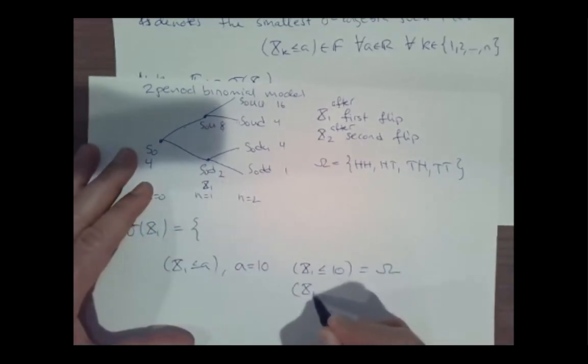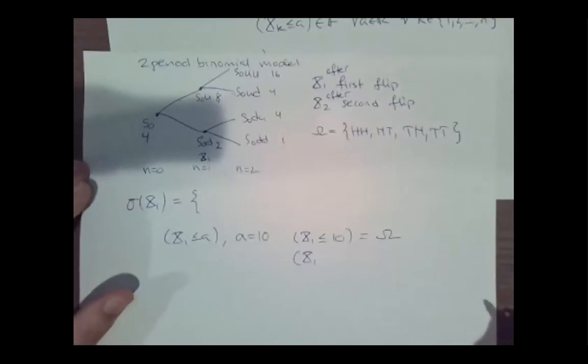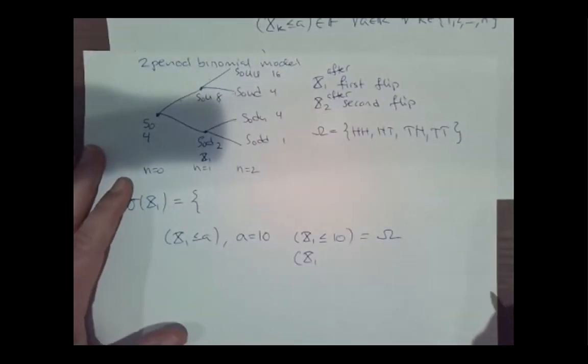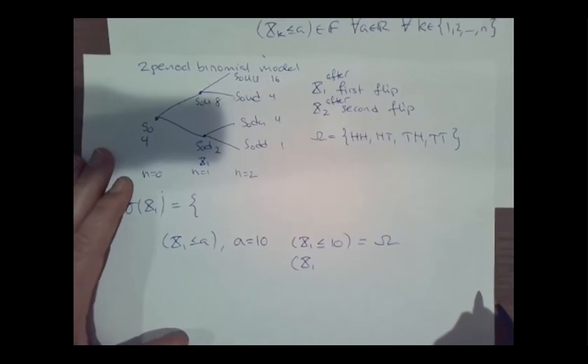Okay, so then if I look at x1, when do I start getting some action? What should I pick for A to get some action? 7.